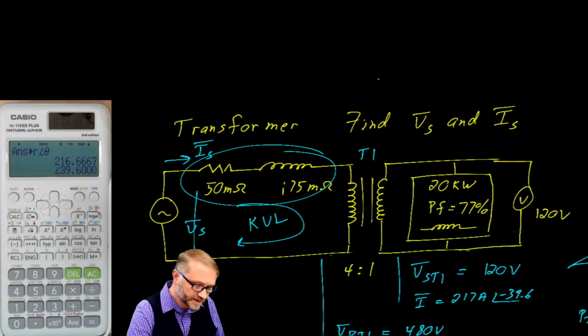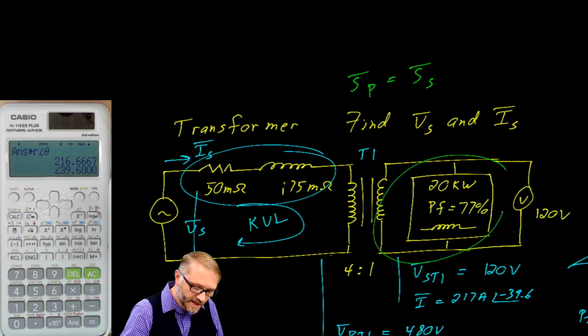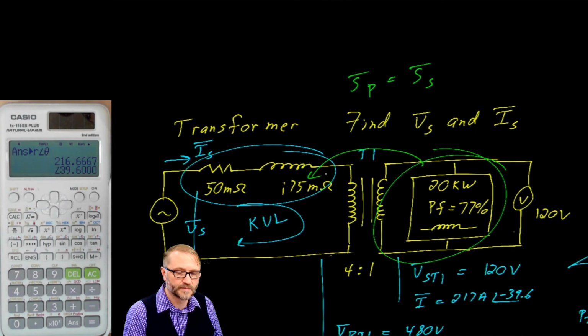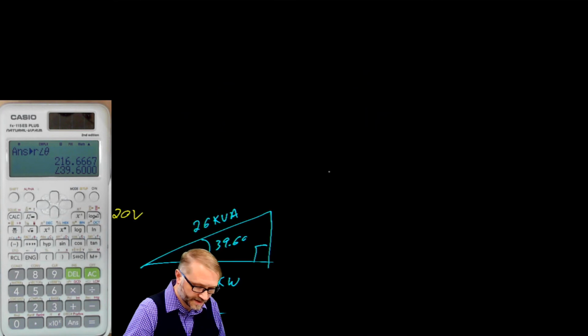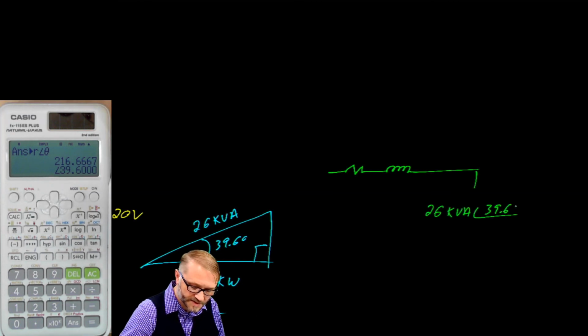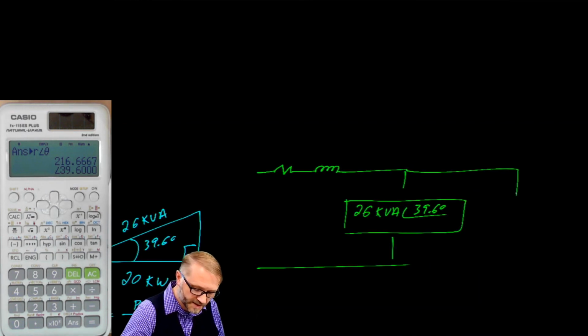There is an easier way to work this problem. Recall that the complex power in the primary is equal to complex power in the secondary, which means we can conceptually take this entire power and push it across the transformer, which would eliminate a few steps for us. It goes something like this. These pieces remain unchanged. Our 26 kVA at a phase angle of 39.6 degrees comes across, and our voltage comes across as 480 volts.